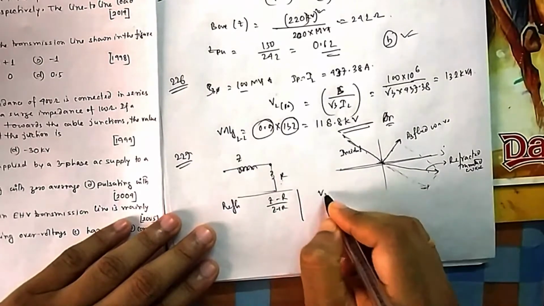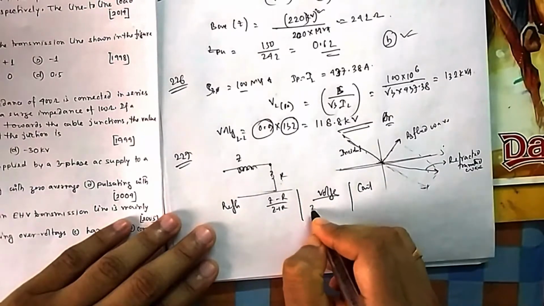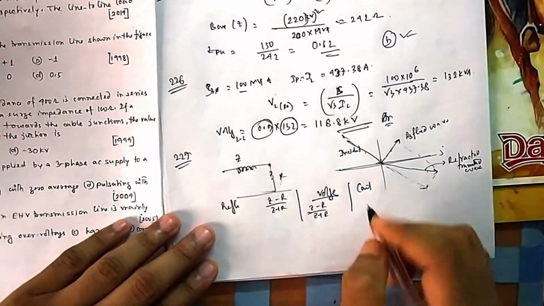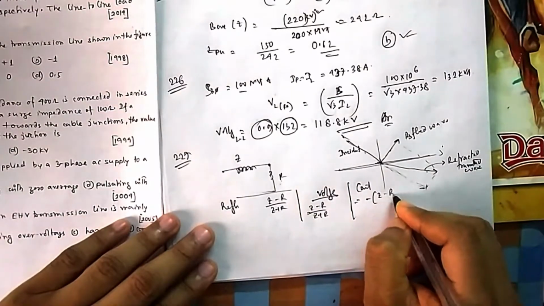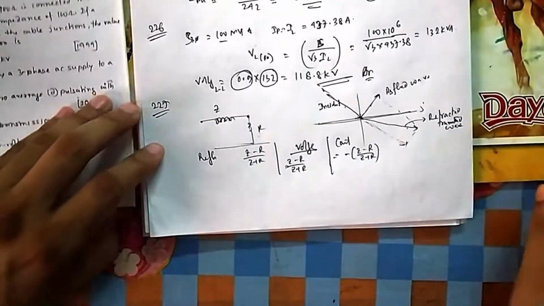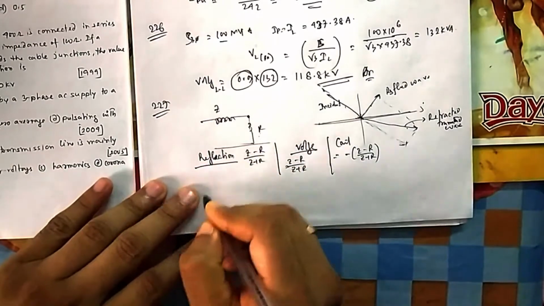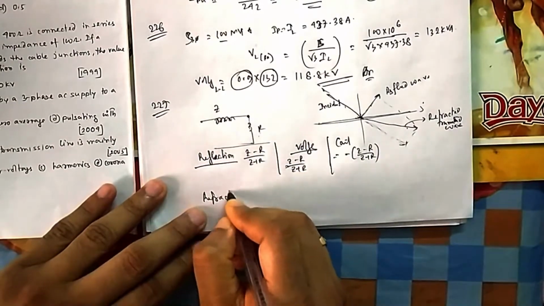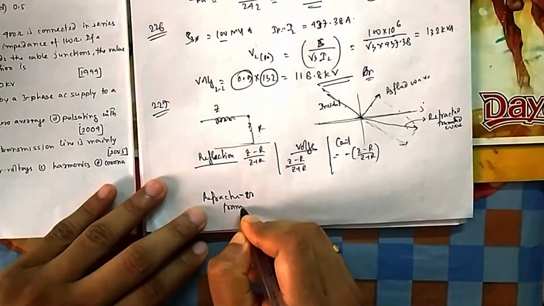Now there are two reflections, one voltage reflection and one current reflection. The voltage reflection is as above, and the current reflection is the negative of this. Once you remember this formula, the rest is okay. So this is the reflection coefficient. What will be transmitted, how much voltage or current is transmitted forward?